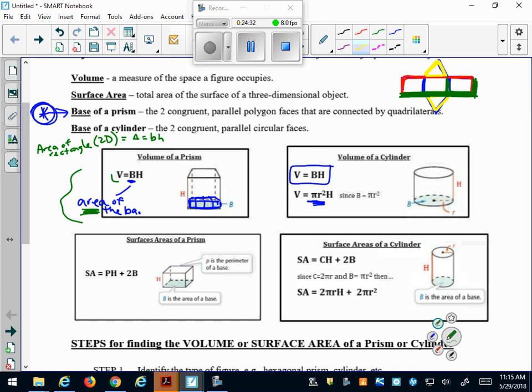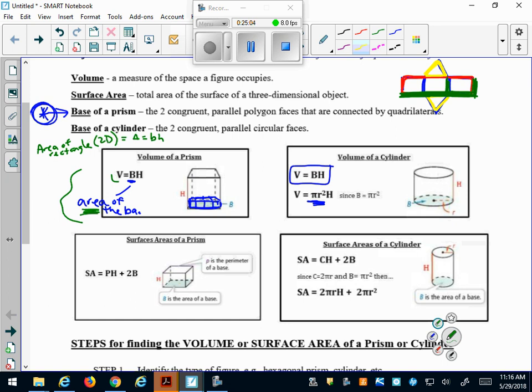So what could we use as the length of that rectangle if it's the distance around that base? It's the perimeter of the base. Look at this one. The rectangle, this length, see how it wraps right around the base? You guys see that? That's the distance around this shape, and the distance around a shape is the perimeter.